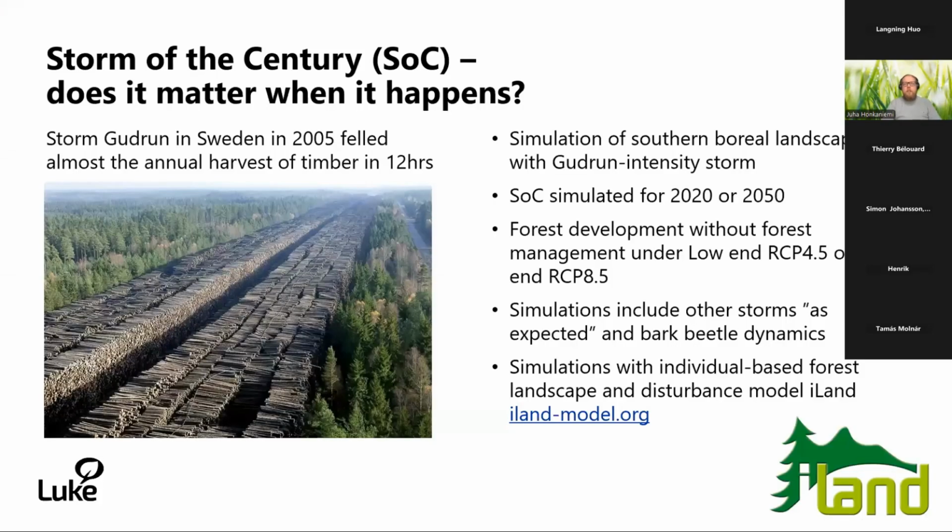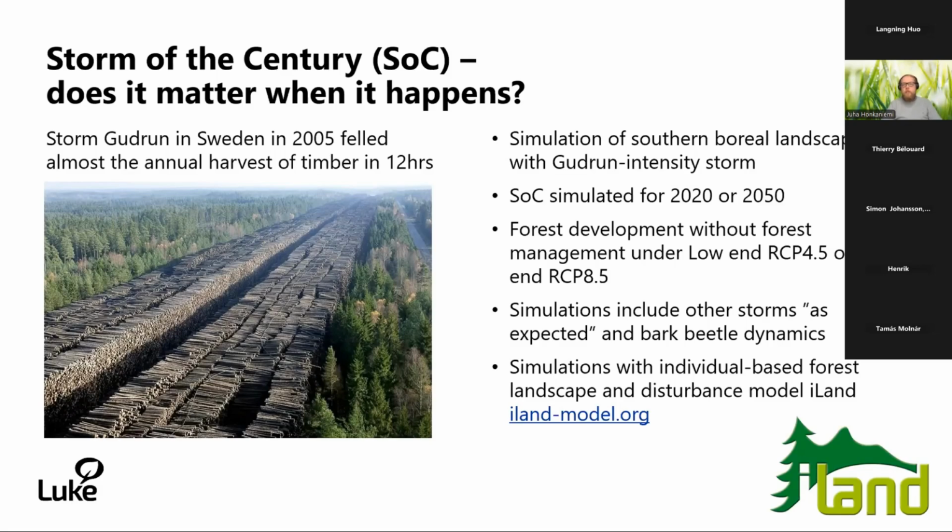If we consider a storm of a century, such as happened in Sweden 20 years ago, I think we can call the Gudrun storm a storm of a century if we look at the wind speeds during Gudrun and their probabilities from past data. We know that the probabilities for such wind speeds were roughly around 1%. And Gudrun 20 years ago felled almost the annual harvest of timber in 12 hours.